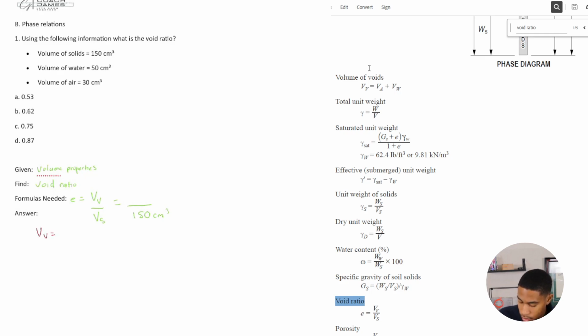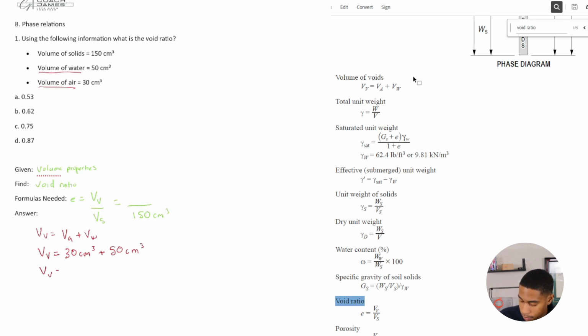Volume of voids is equal to, they don't give us volume of voids, but they do tell us in our handbook that volume of voids is equal to volume of air plus volume of water. Now, do they give us volume of air and volume of water? Yes. So volume of voids is equal to 30 centimeters cubed plus 50 centimeters cubed.